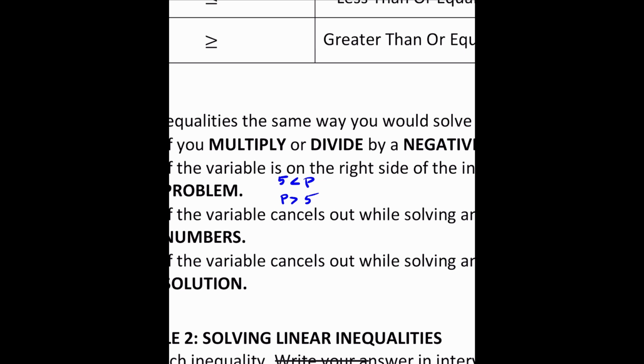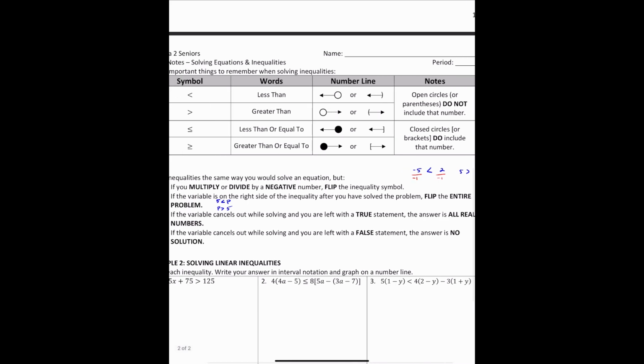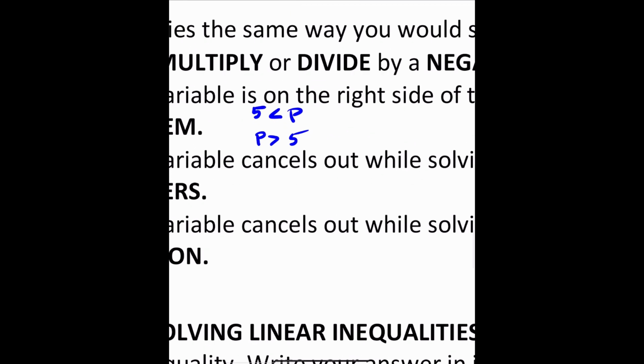So I would rather have you write the variable, then the inequality, then the number afterwards, okay? Now, if the variable cancels out while solving and you are left with a true statement, the answer is all real numbers. So what that looks like is if you have something like p plus 8 is greater than p plus 7.